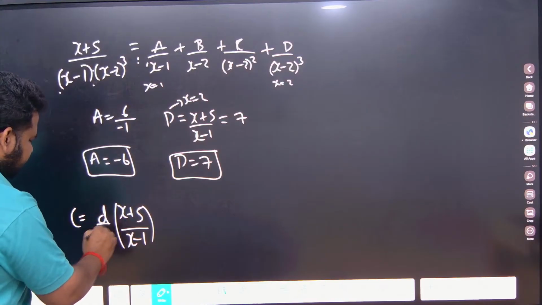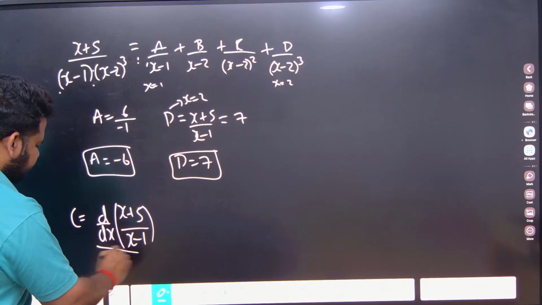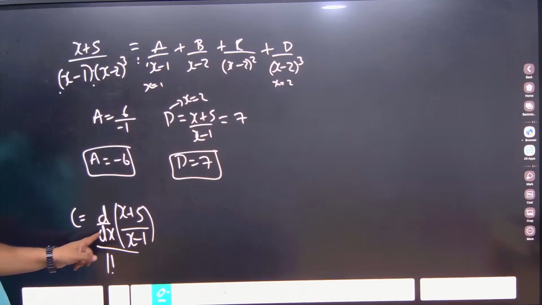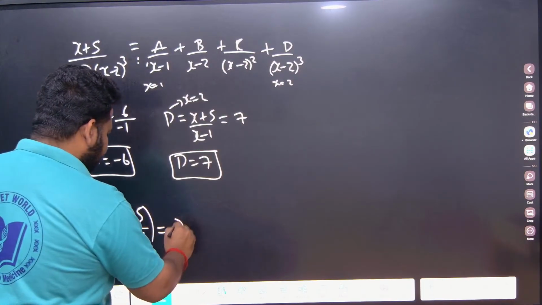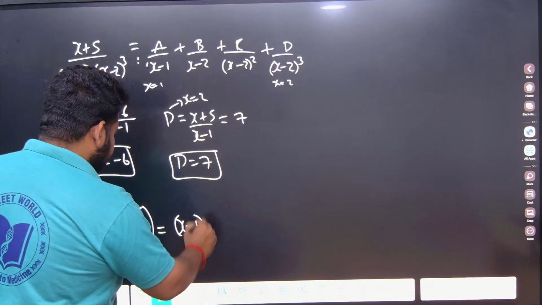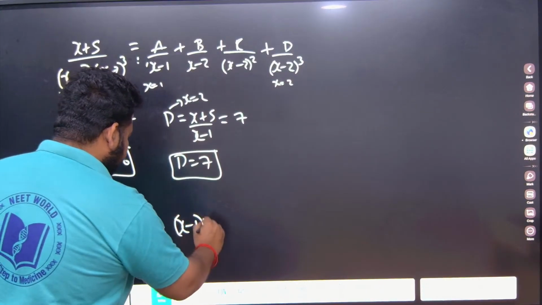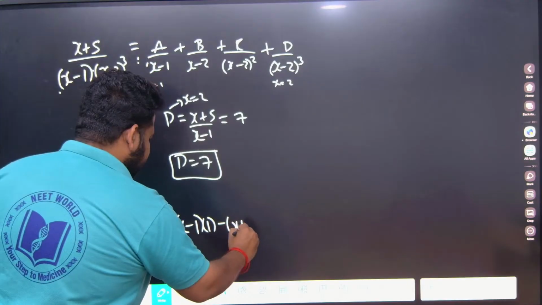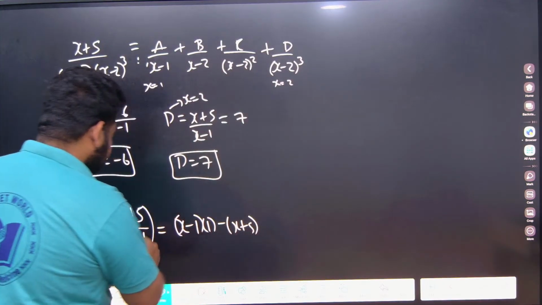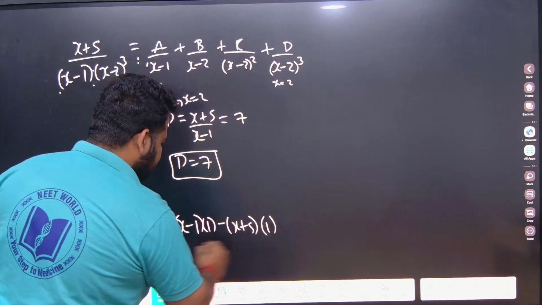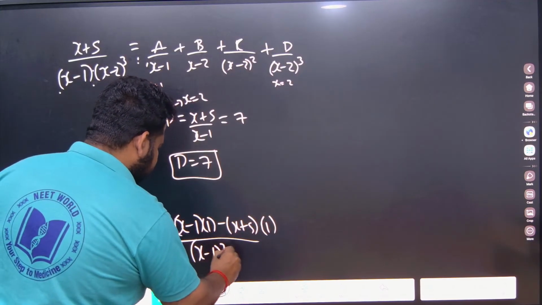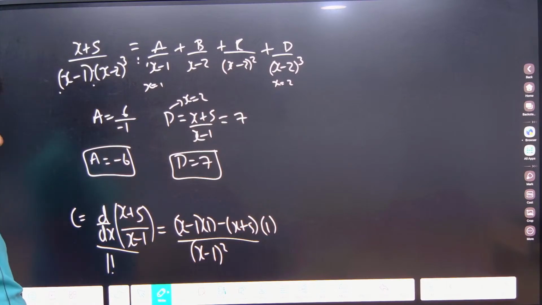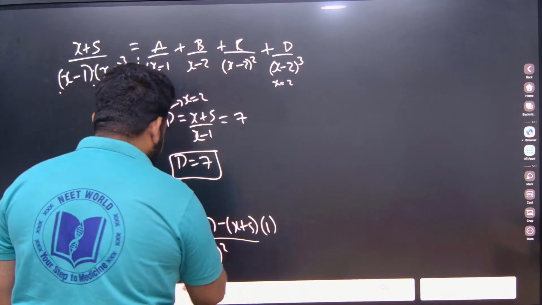You have to apply d by dx of this divided by 1 factorial. Applying the quotient rule, x minus 1 into the differentiation of x plus 5, which is 1, minus x plus 5 into the differentiation of x minus 1, which is 1, divided by x minus 1 whole square. 1 factorial is 1 itself.